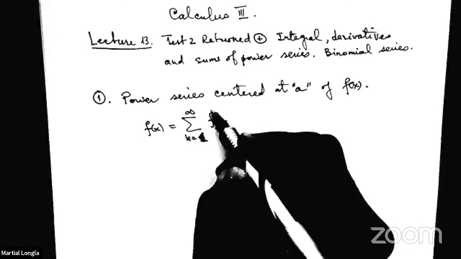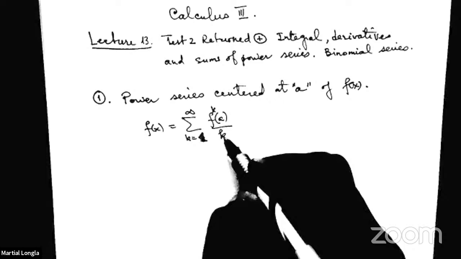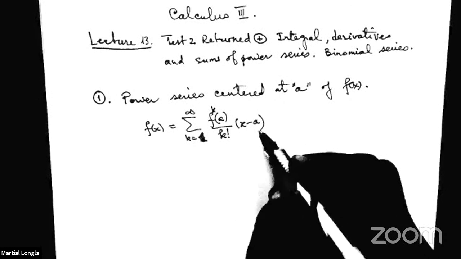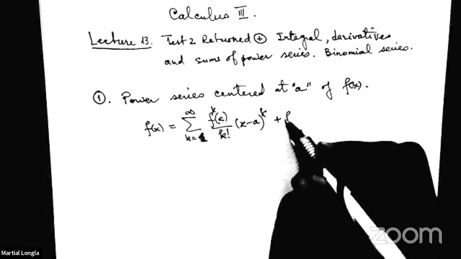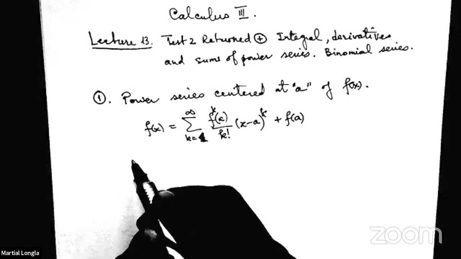And here you get the kth derivative at A divided by k factorial times x minus a, exactly the way we did the Taylor polynomial. And then we'll have to find the interval of convergence.